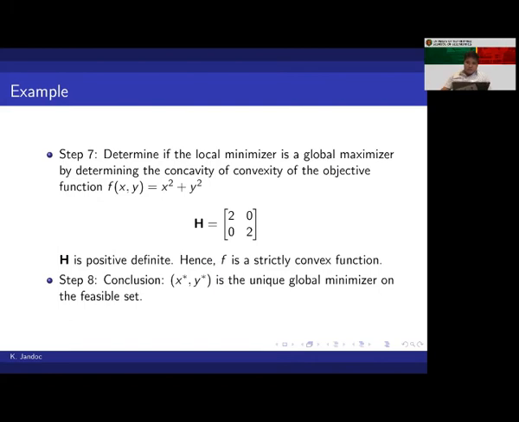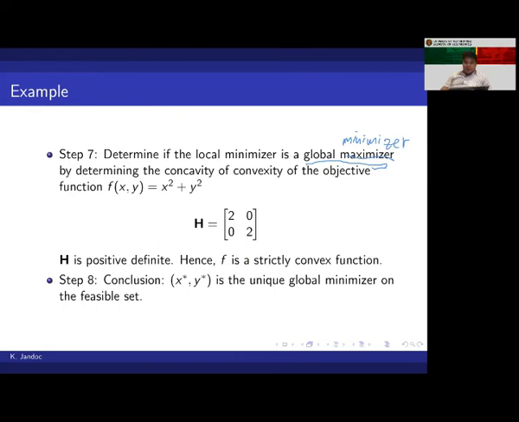But we want to go a bit further. We want to know whether those local minimizers are global minimizers.